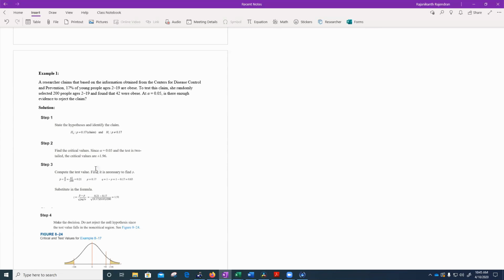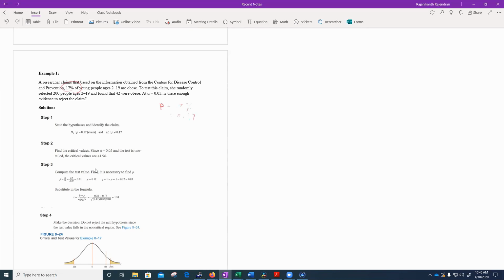What was her claim? She's checking whether 17 percent of the young people, this is the population proportion, is right. So the population proportion is 17 percent, so little p is 0.17.